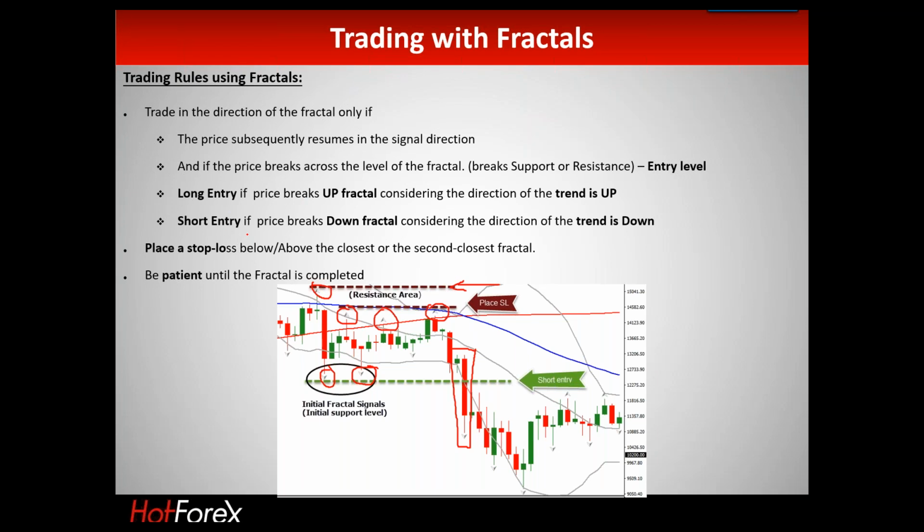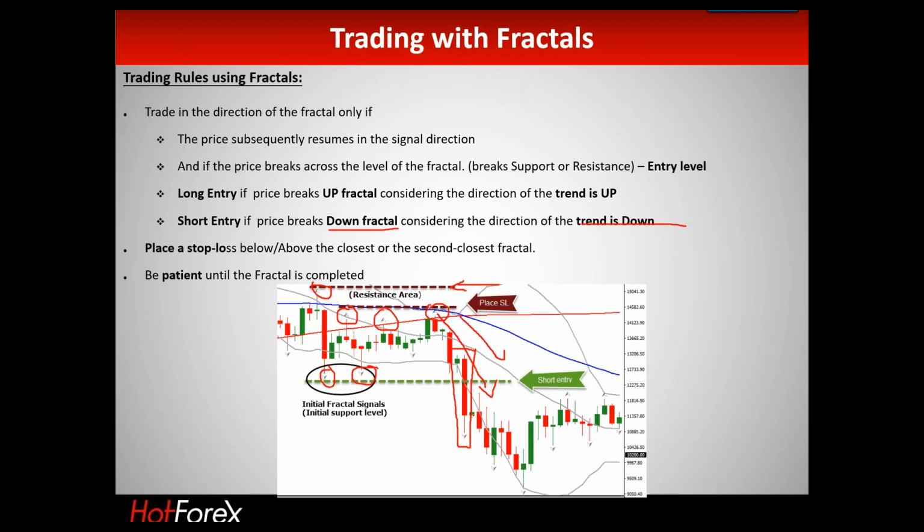So a short entry can be done if price breaks the down fractal, considering the direction of the trend is down. So we are saying if we connect these lower lows, yes, it's to the downside. So this closed below the support and continues for two consecutive candles.